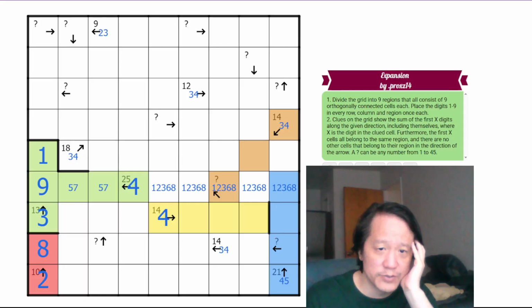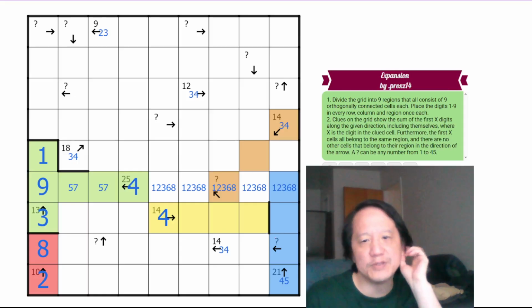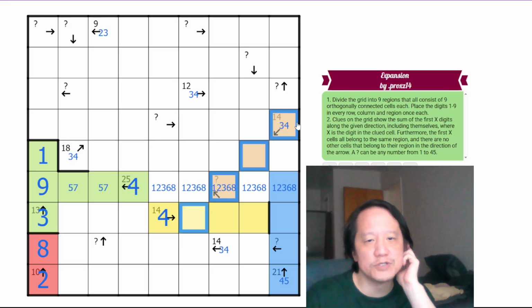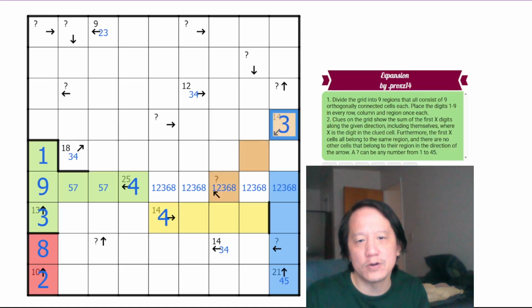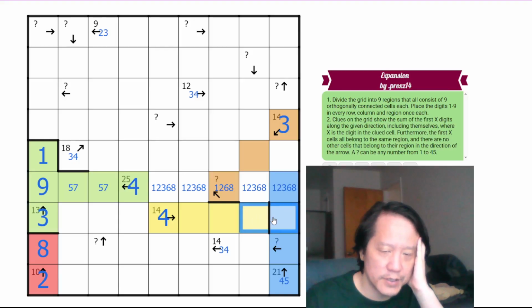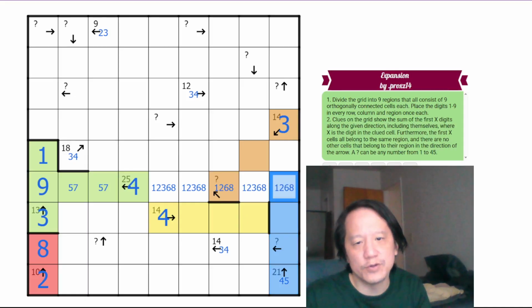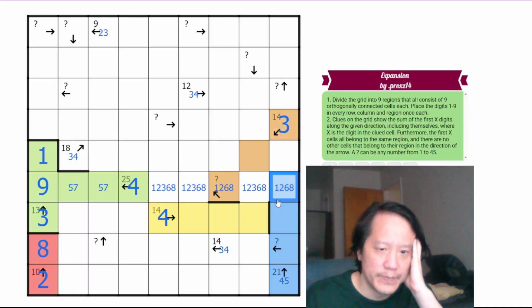It could be same as orange. No, it cannot be the same as orange. If it's the same as orange, this would have to be 4, because these would all be part of the same boundary. So this must be 3 here. That means this cannot be 3 there. We have boundary there. Boundary here. No more 3 here because of 3 in the column.